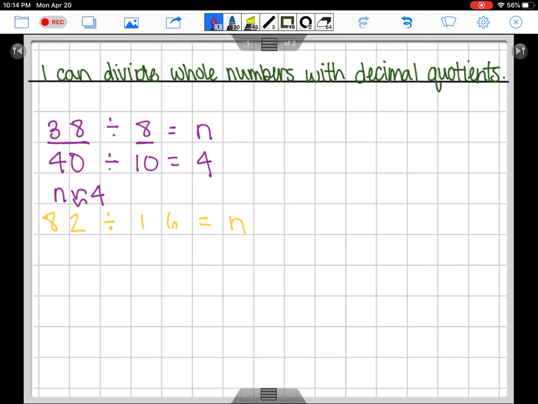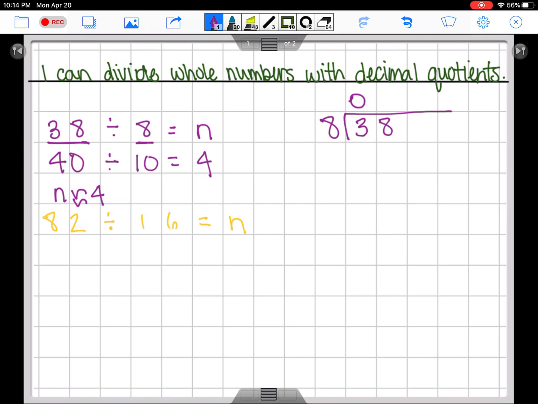All right, now let's use this as a guide and a way to check our work when we do our long division. Now we want to do 38 divided by 8. We're going to just fly on with that long division. 8 fits into 3, 0 times. 8 fits into 38. How many times?